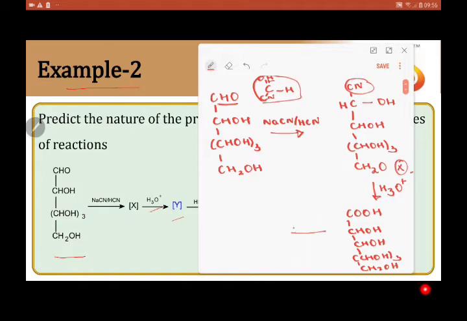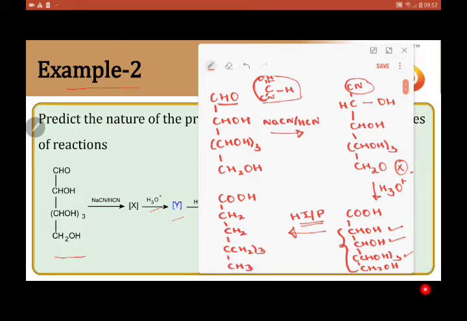The last step here is reduction, HI and phosphorus. HI and phosphorus reduces aldehydes, ketones, alcohols to alkanes. So all of these alcoholic groups will get reduced to hydrocarbon: COOH, and then we will have CH2, CH2, these CH2s, then 3 CH2s here, and the last would be CH3.